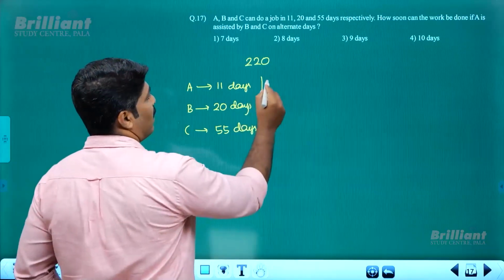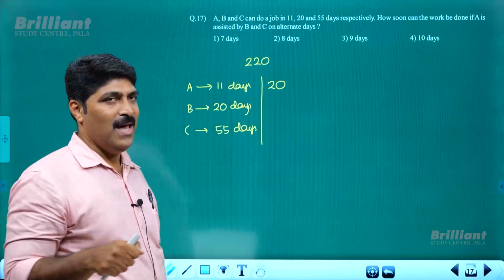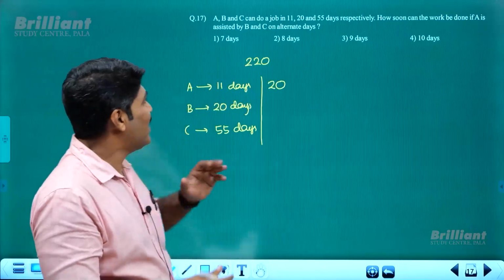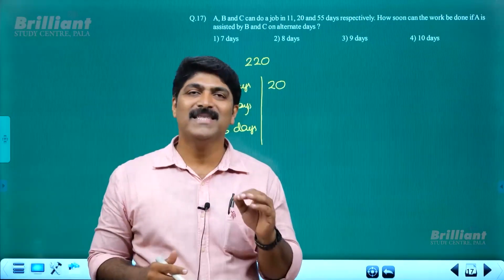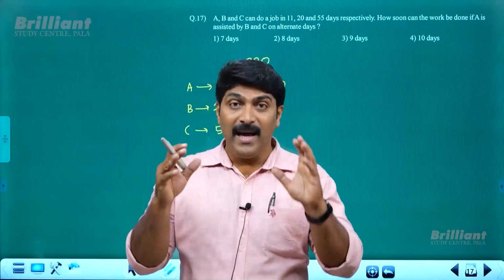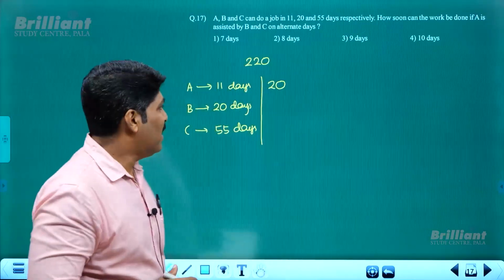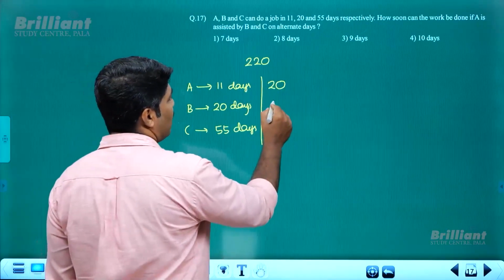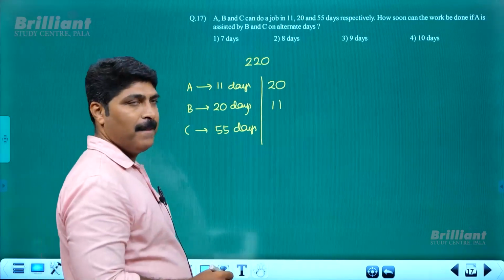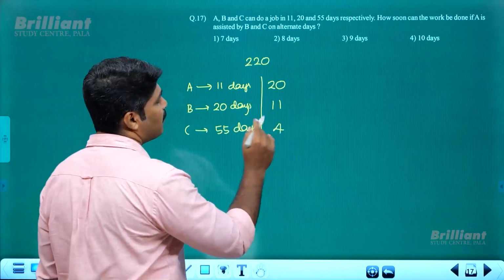We just divide 220 by 11, and we get the efficiency rate of A, which means A can bind 20 books per day. Similarly, B can bind 11 books per day, and C can bind 4 books per day.